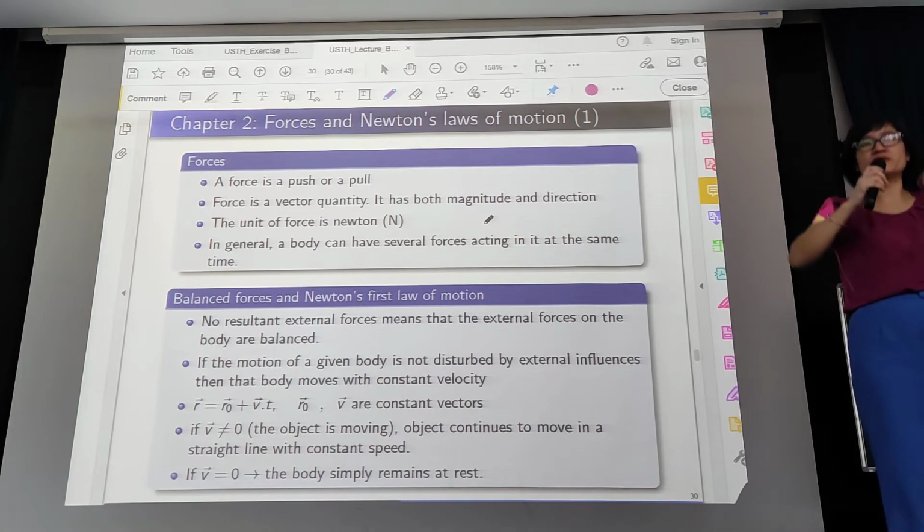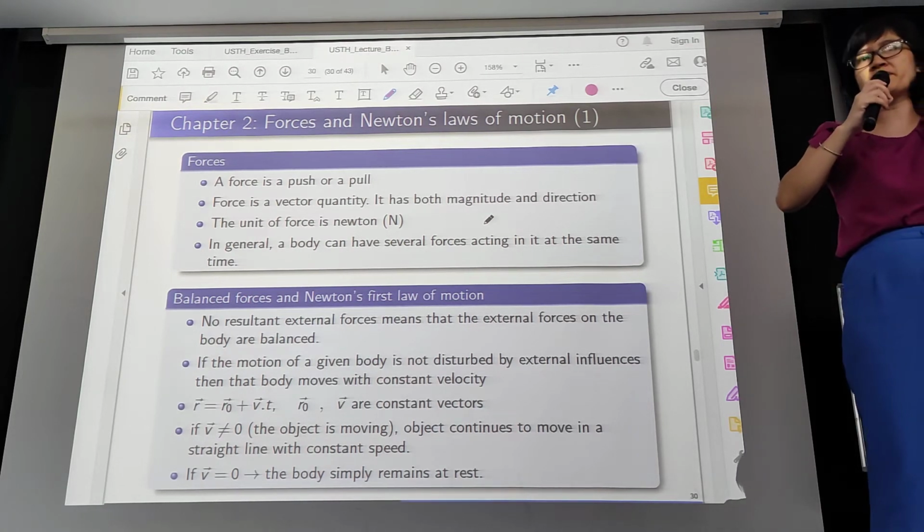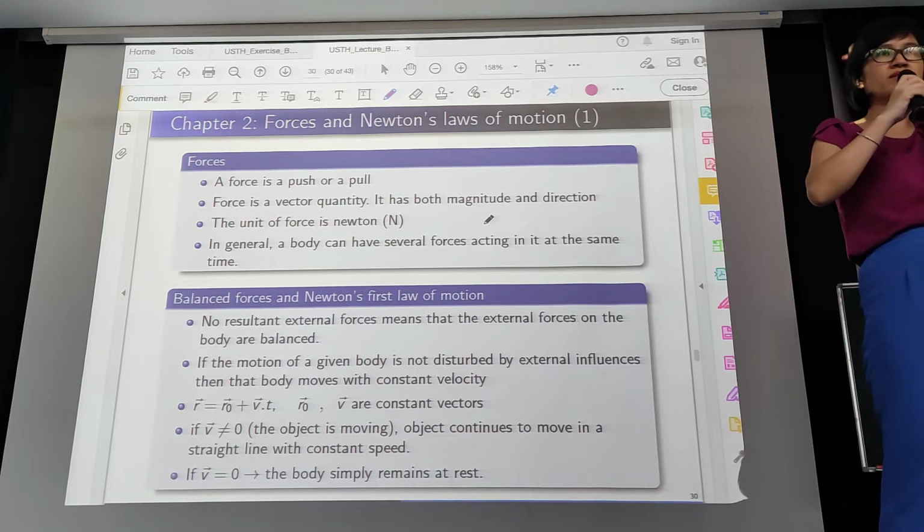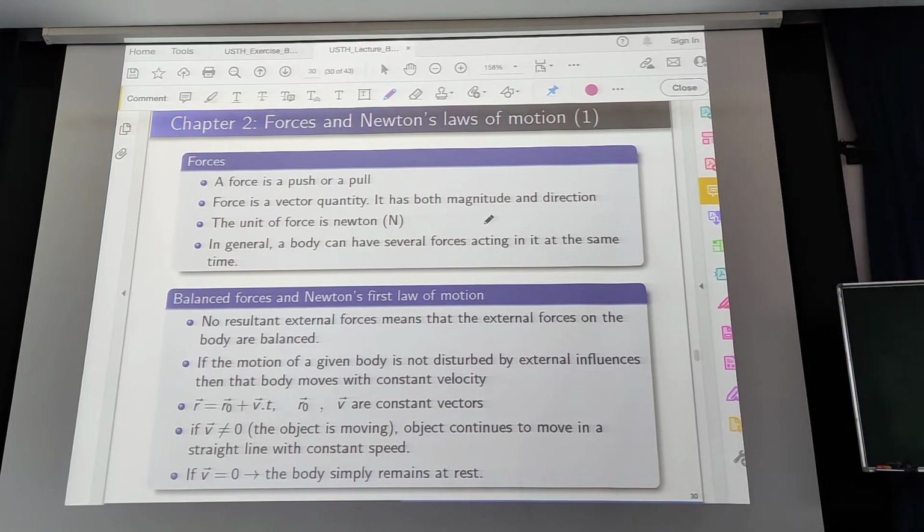In this chapter, we will learn about the dynamics of objects. So we will learn why an object can move or why it cannot move, the reason or cause of the motion of objects. So first of all, I will introduce the force. Okay?